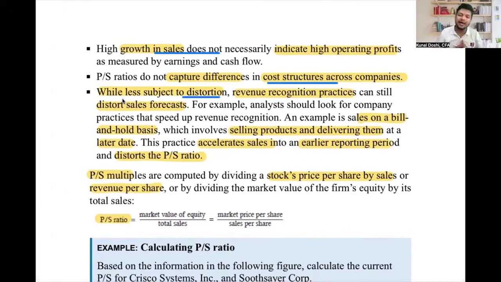But we have seen in the past that there are warning signals related to people pushing the sales or trying to put up aggressive sales. Although it is very difficult to manipulate sales, even the authorities who collect indirect taxes like the goods and service tax or the VAT are very watchful of sales. So manipulating sales is a very risky thing.